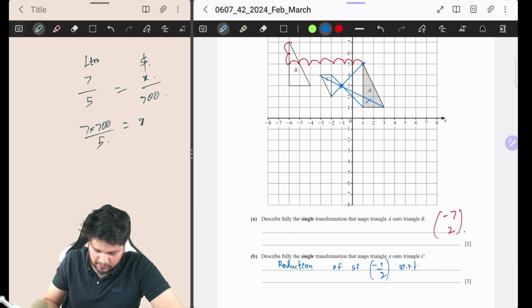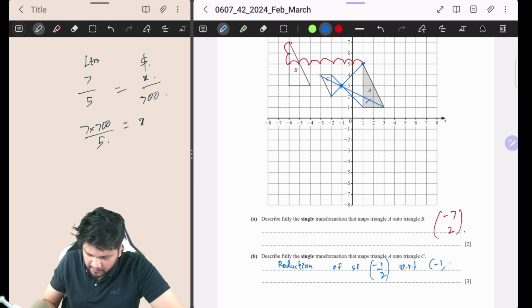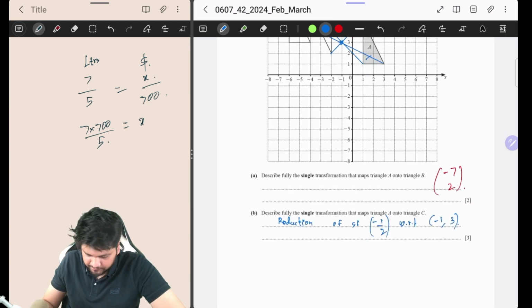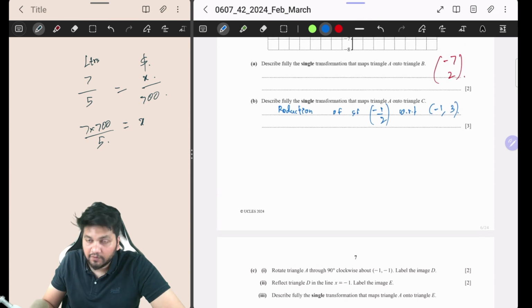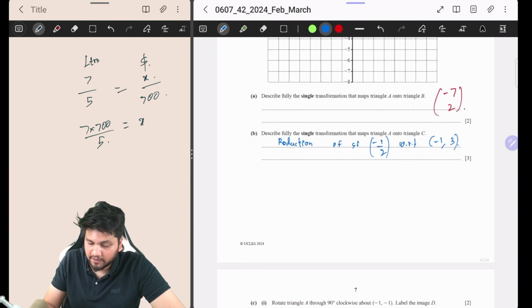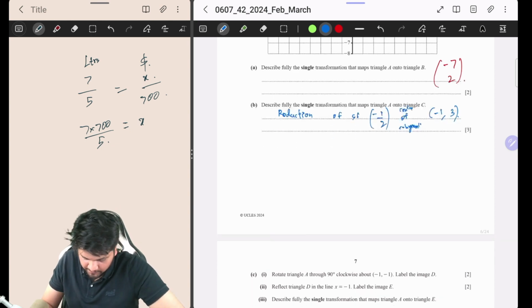With respect to this point, which is (minus 1, 3). Center of enlargement, rather we can write (minus 1, 3) as the center of enlargement. Anyway, you can use whichever term you want.